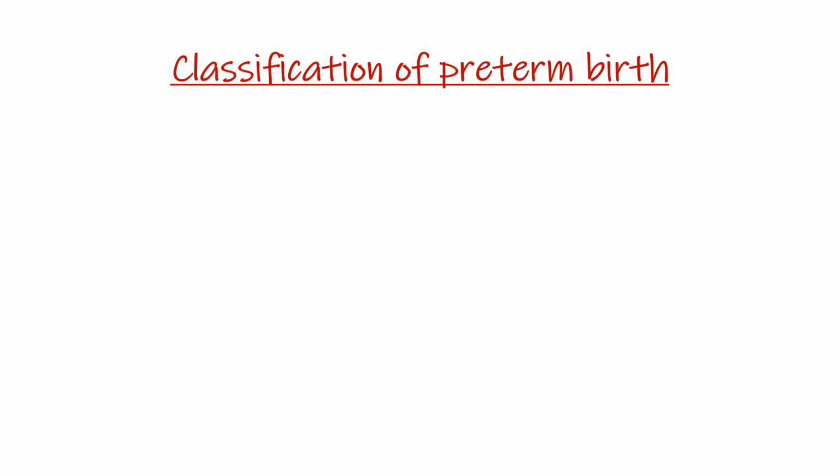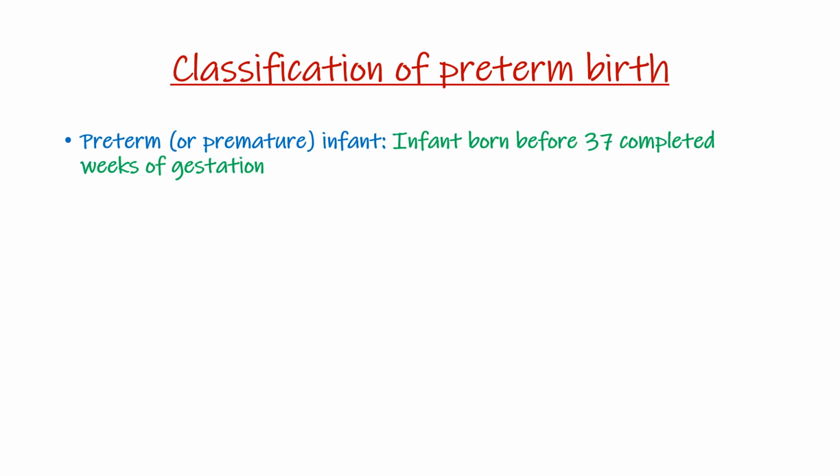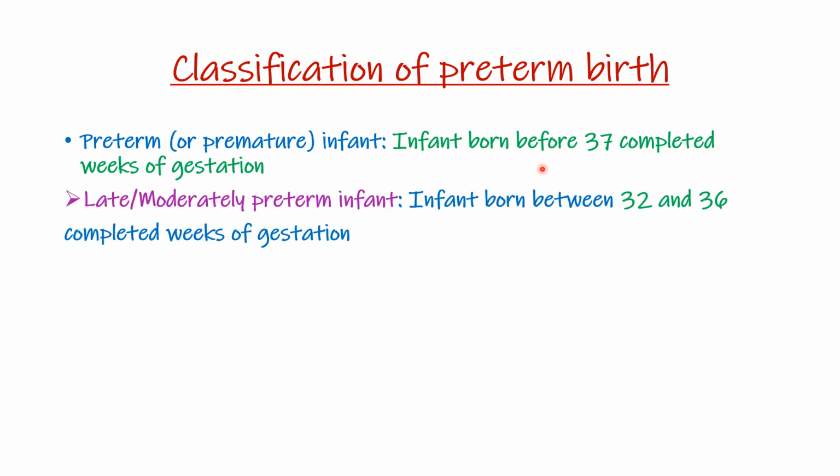Classification of preterm birth. Preterm birth is when you have an infant born before 37 weeks. We categorize it according to WHO. We said 20 to 37 completed weeks, and now we have three categories. The first one is late or moderate preterm infant, when the infant is born between 32 and 36 completed weeks of gestation.